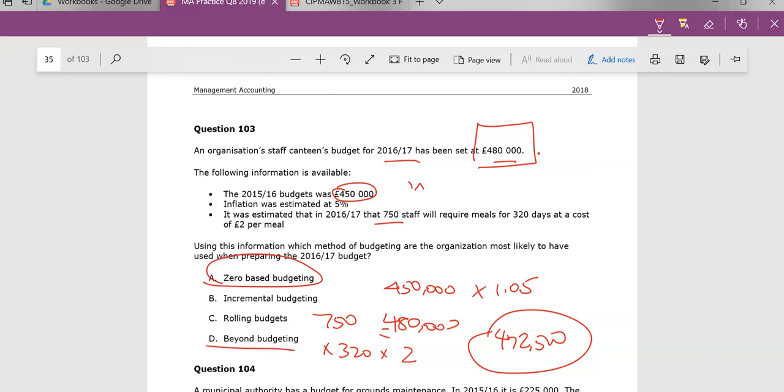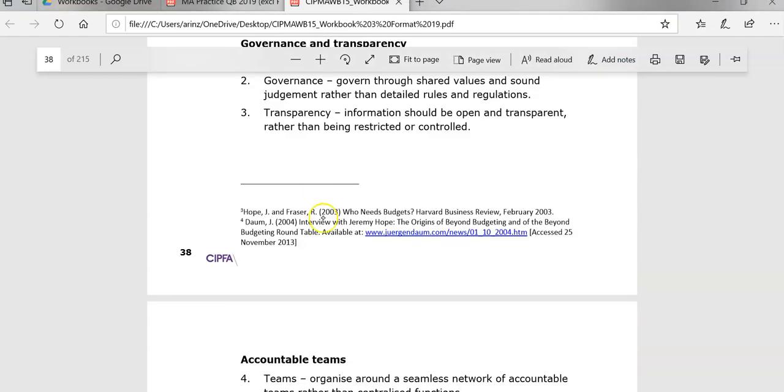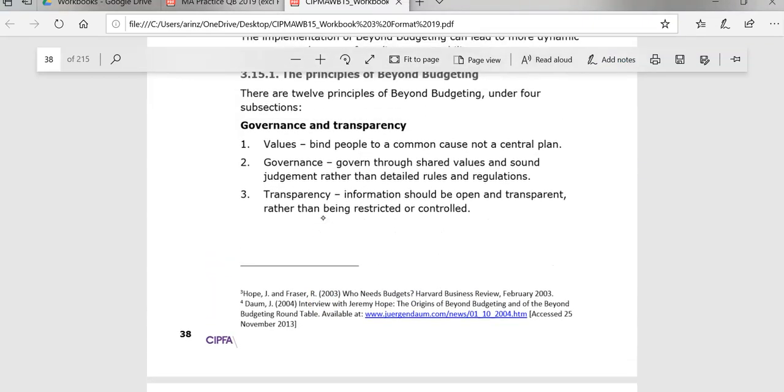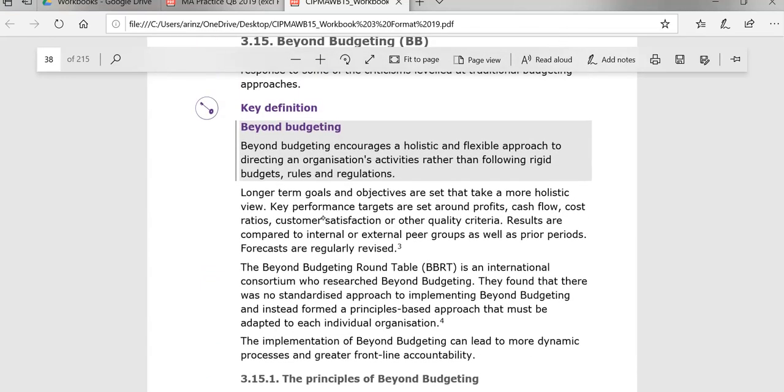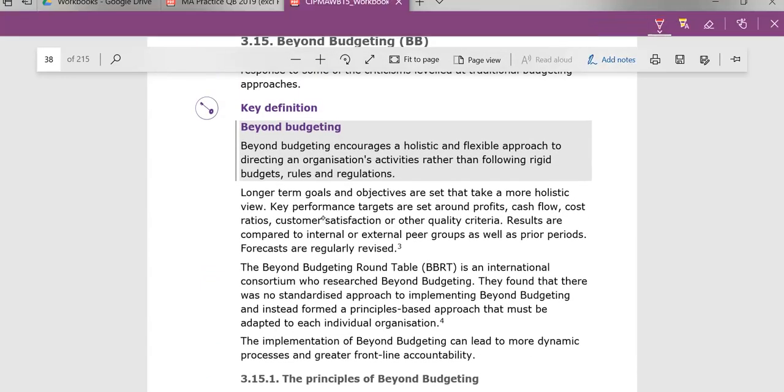Beyond budgeting is a more conceptual idea. Looking at your text, that's really to do with thinking holistically, as opposed to thinking just about costs, think about profit-making ideas. It's a bigger theory. Beyond budgeting encourages a holistic and flexible approach. Longer-term goals and objectives are set.